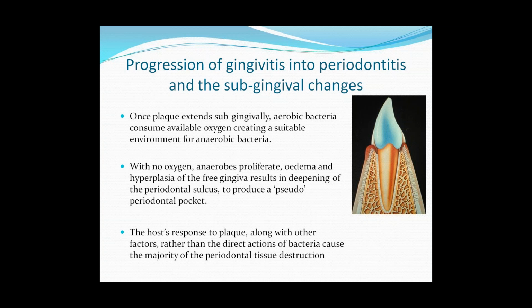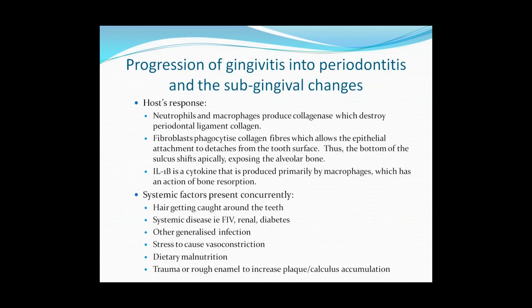It then enlarges and deepens the sulcus, and that changes the whole environment. So you then get a proliferation of gram-negative bacteria, and along with the gram-negative bacteria and stimulation of the host's immune system, you then get all the factors ready for periodontitis.